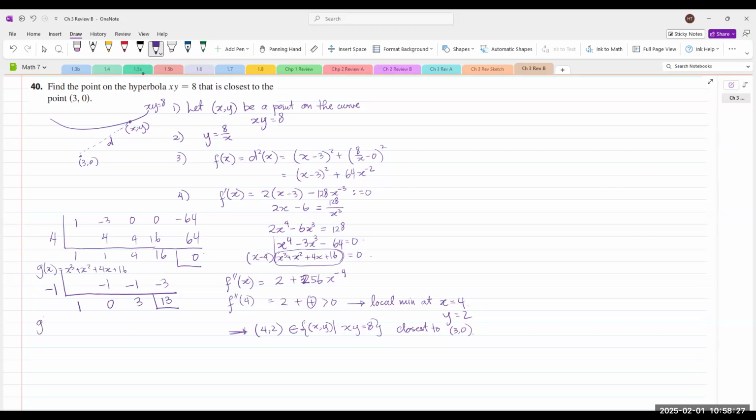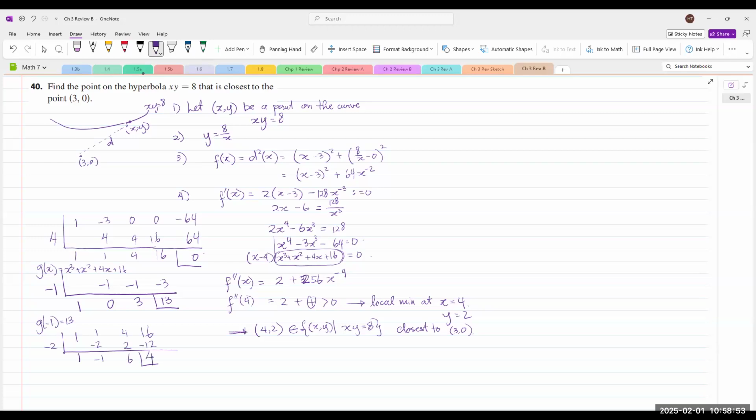Then g(-1) is 13, but how about g(-2)? Huh? Did I count it wrong earlier? What happened? Negative 2, that's negative 1, that's 2, 6, negative 12, that's 4.